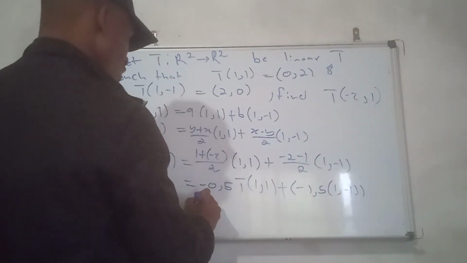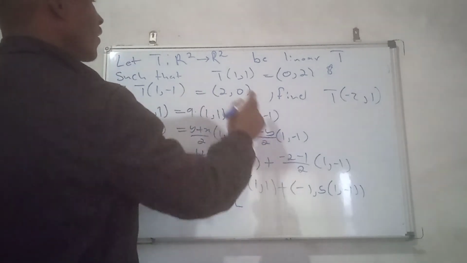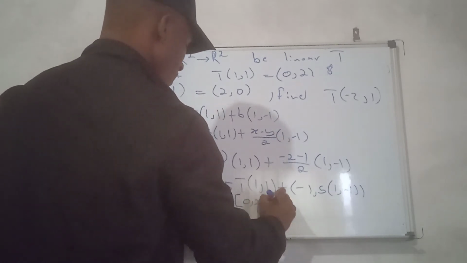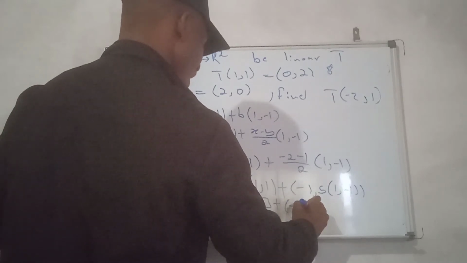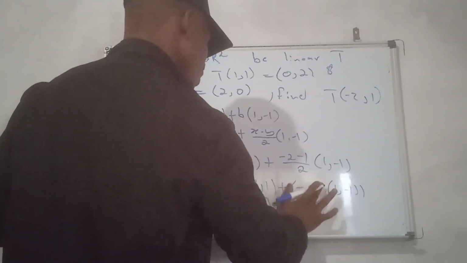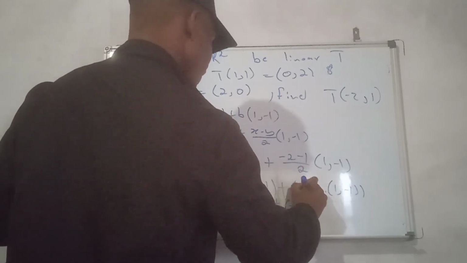But what is T(1,1)? T(1,1) is (0,2) plus minus 3 over 2. Oh, sorry guys, even here we must also invent T, since we invented T there.